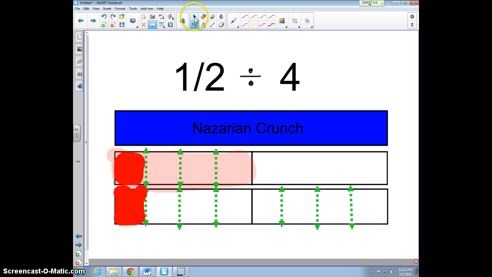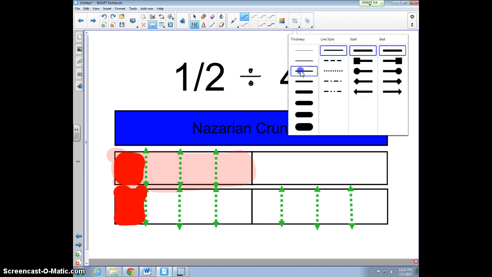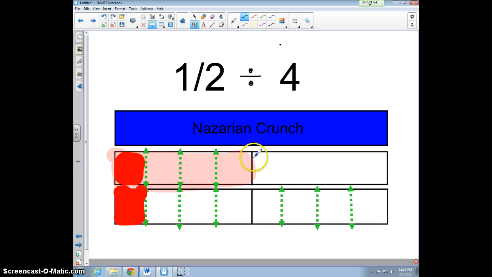So that tells us that if we take 1/2 and we divide it into 4 equal pieces, the quotient will be 1 out of, remember, 8. 1 out of 8 pieces. So if you take 1/2 and you divide it by 4, your quotient will be 1/8. That is how you divide a fraction by a whole number.